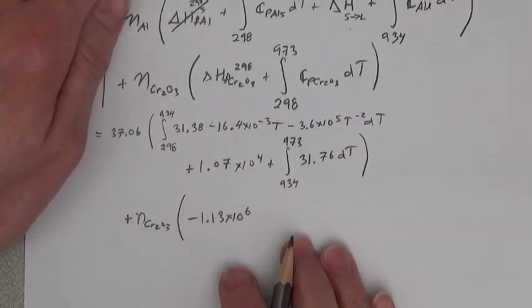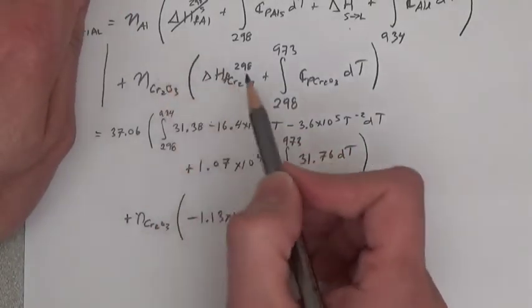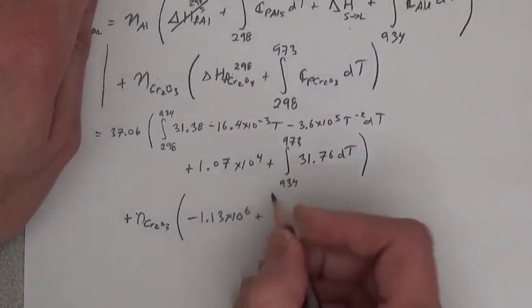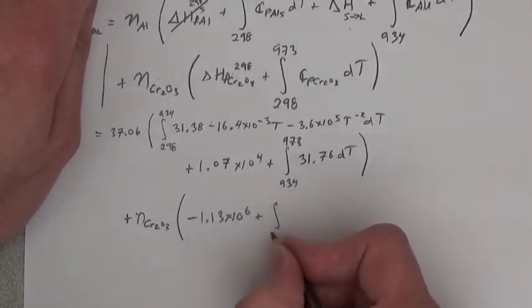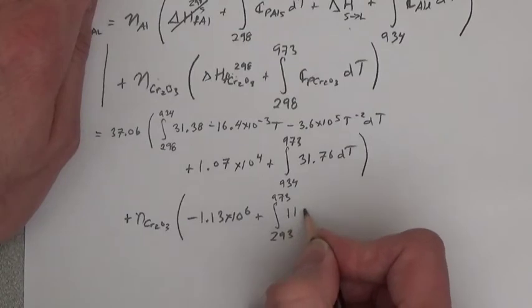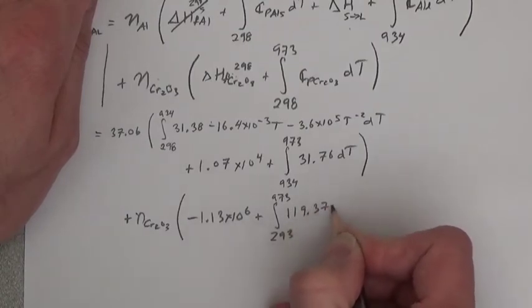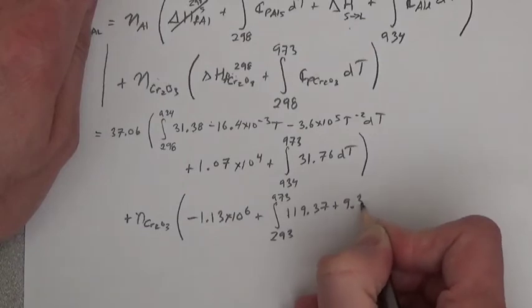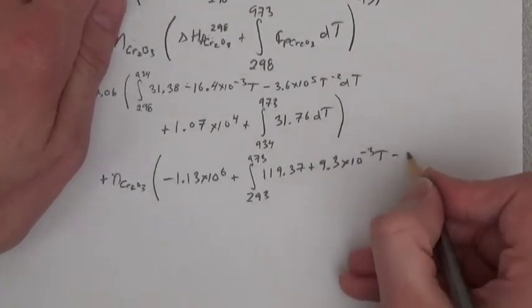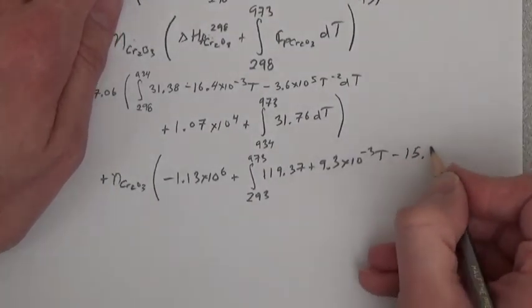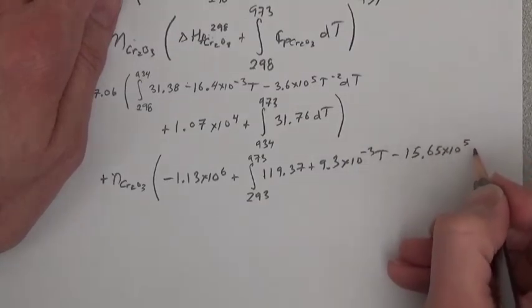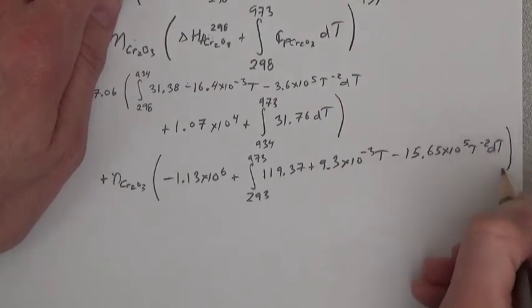That's the enthalpy of formation of solid chromia, plus the integral 298 to 973 of 119.37 plus 9.3 times 10 to the minus 3 T minus 15.65 times 10 to the 5 T to the minus 2 dT.